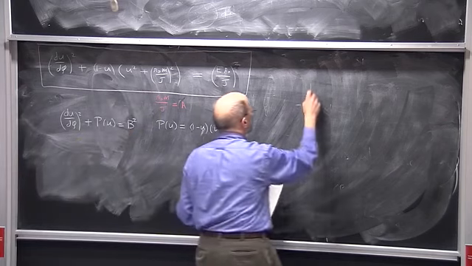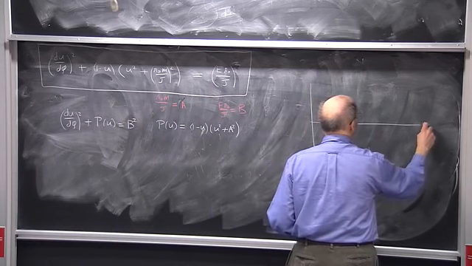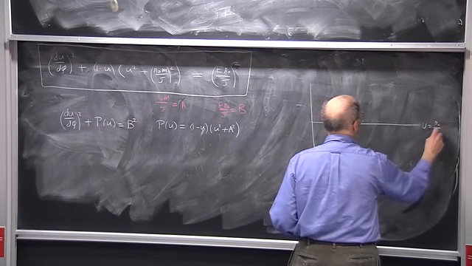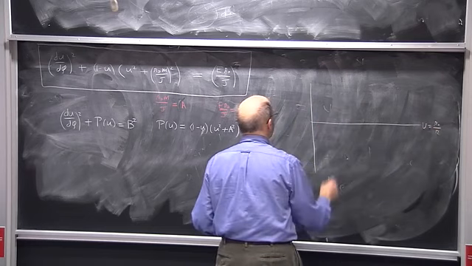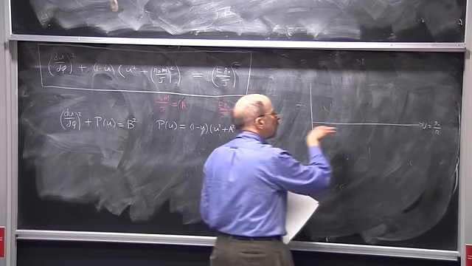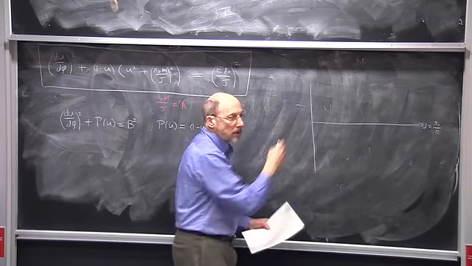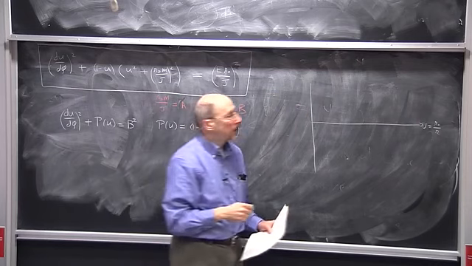So if we plot this, of course, now u is 1 over r. So when you go out to large u, you're going to small radius, and when you go to u equals 0, you're going to infinity.